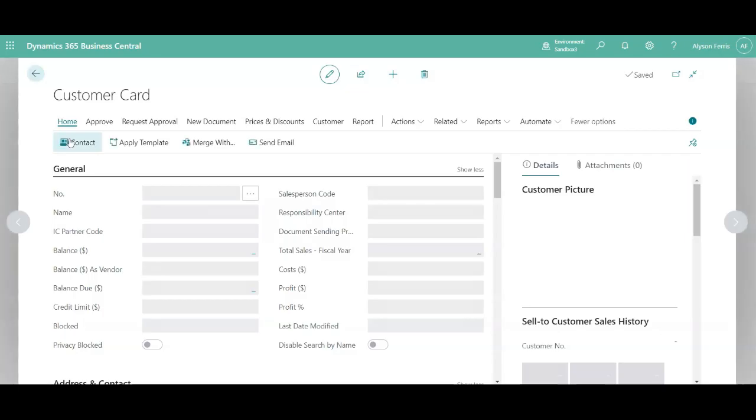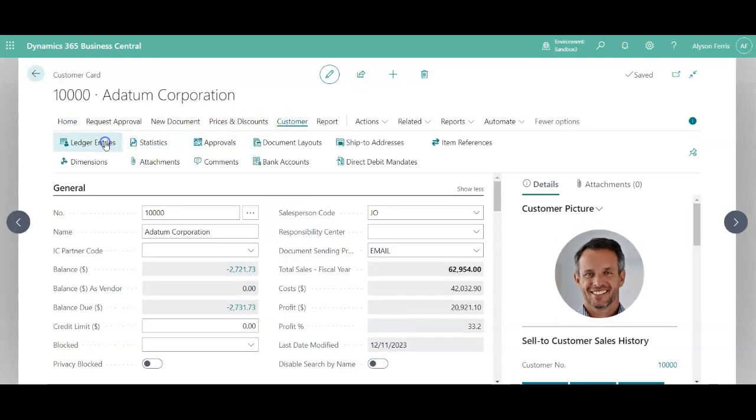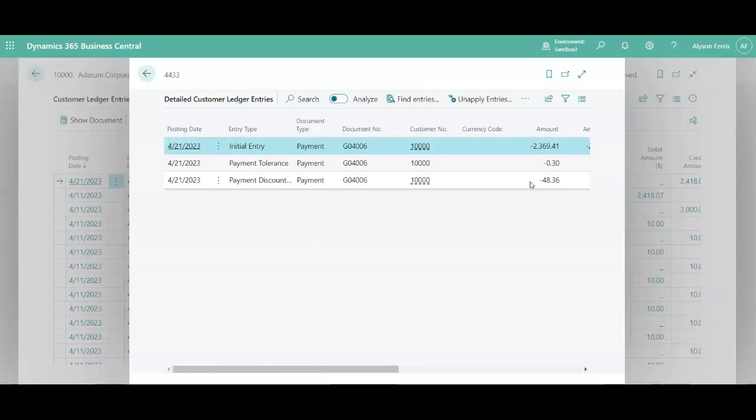We'll go into their account and we'll look at their ledger entries to show all their activity. And here's that payment that we just entered on April 21st. And this is the amount we received from the customer. And it was made up of the following: the amount received, the 30 cents short, and the discount.